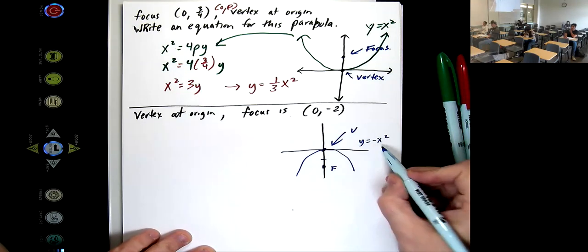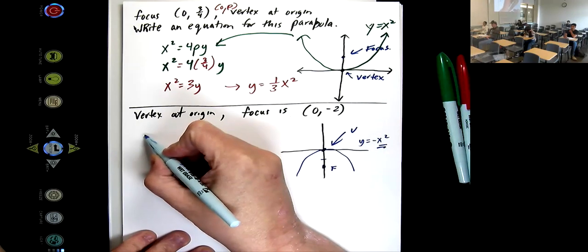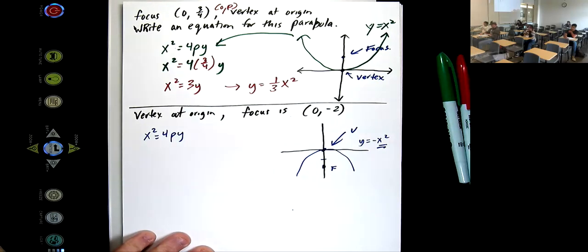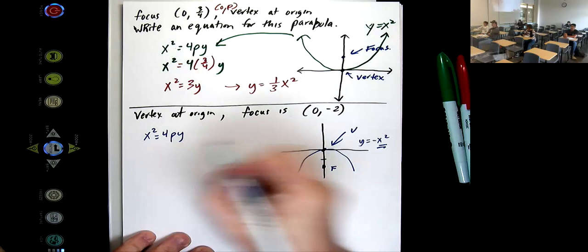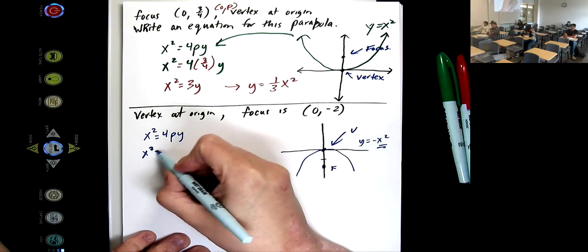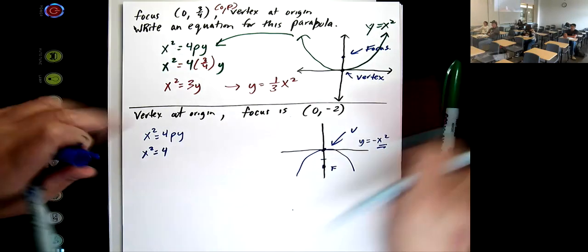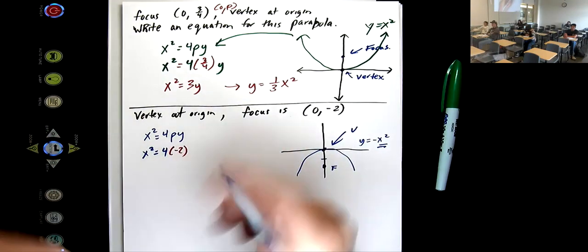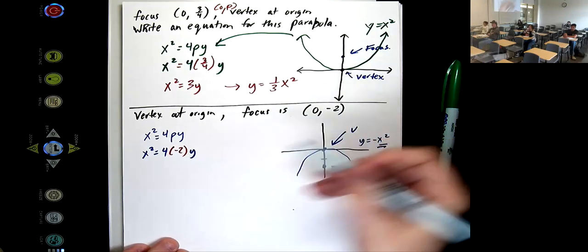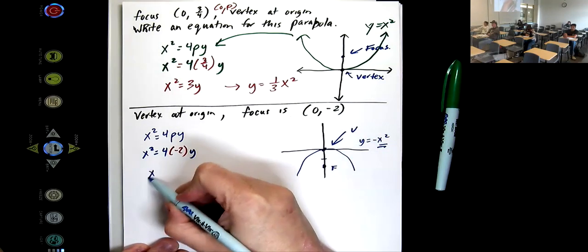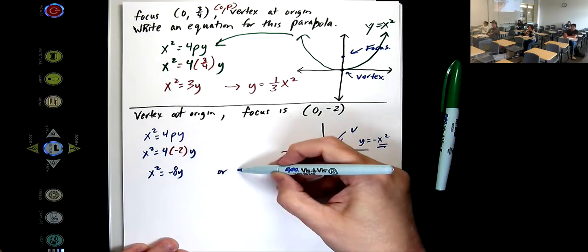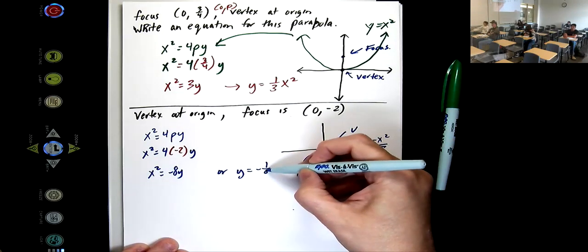But this tells me that I have x squared. So we're doing x squared equals 4py again. And I know p is -2. So I get x squared equals -8y, or y equals -1/8 x squared.